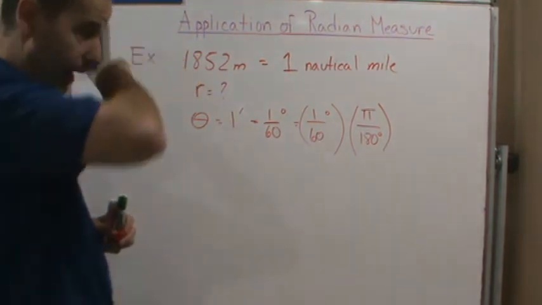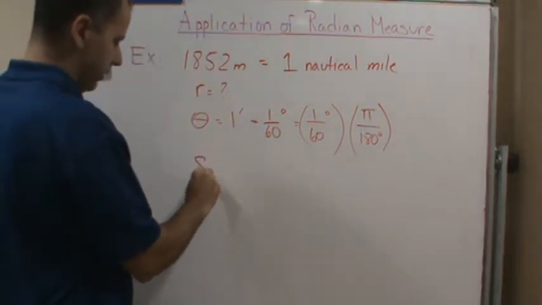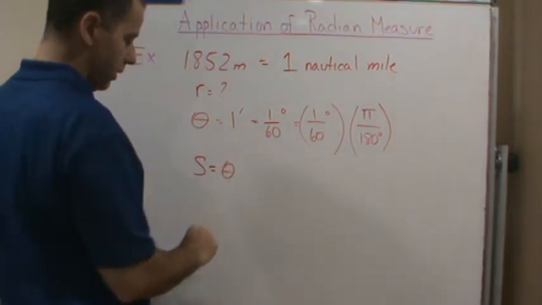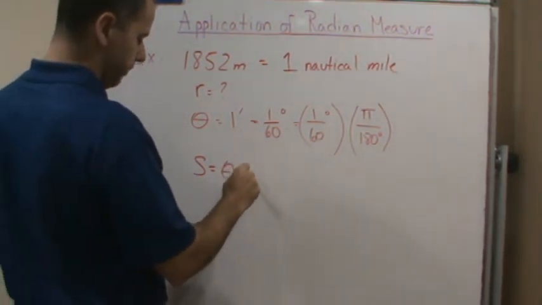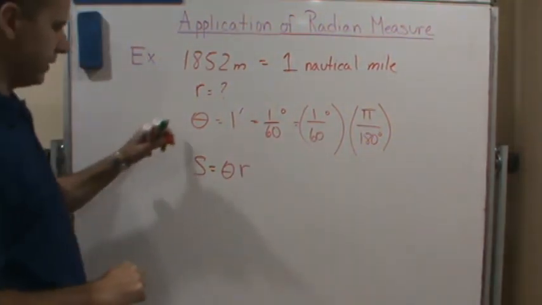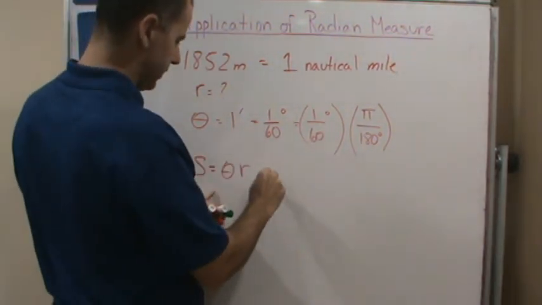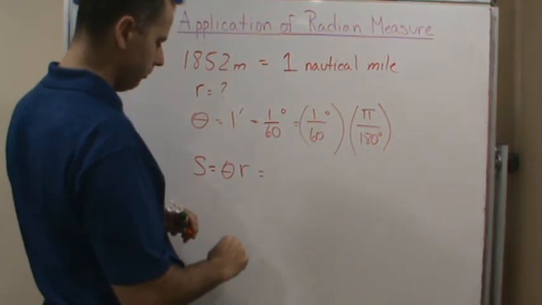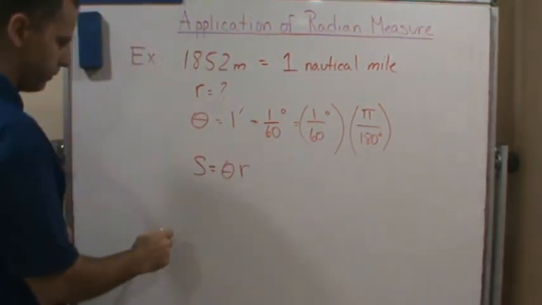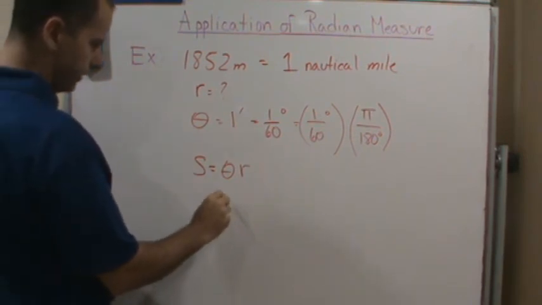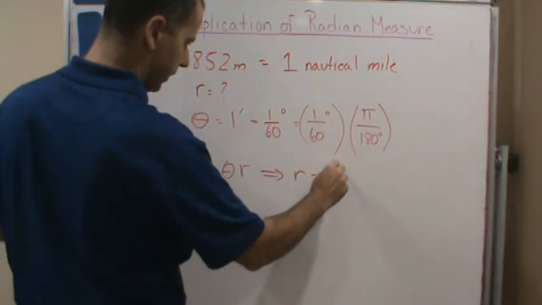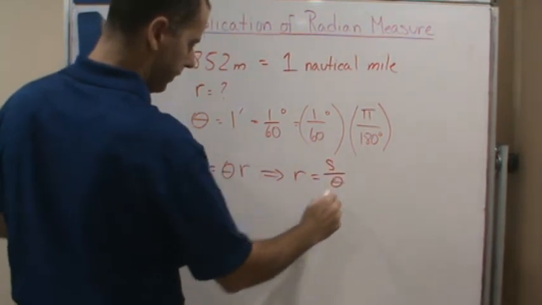Now, if we take the formula for arc length, we want to solve for r. So r equals s over theta.